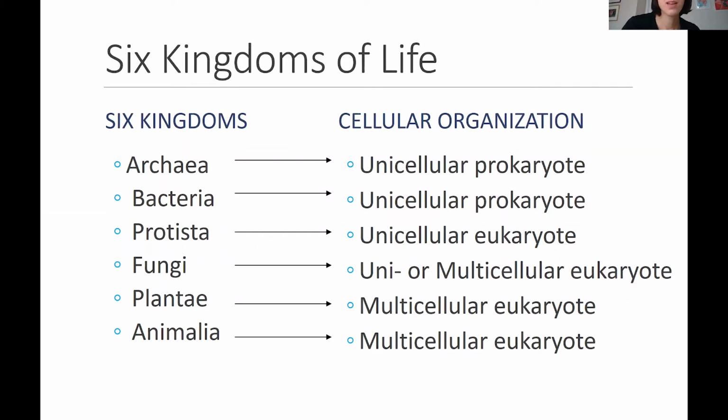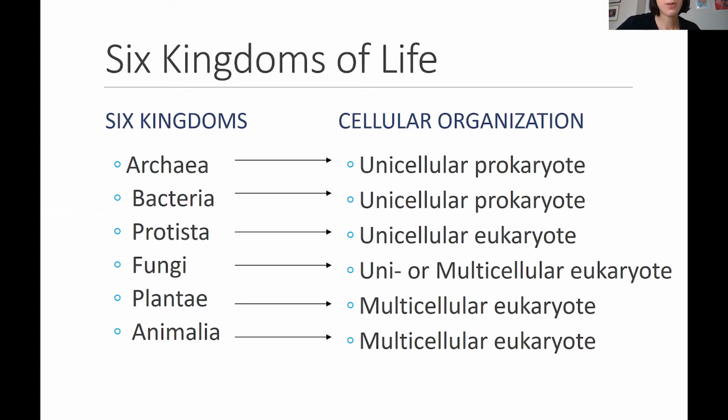Bacteria, also unicellular and prokaryote. Protista, unicellular but eukaryote cellular organization. Fungi can actually be uni or multicellular, but they're all eukaryotic. And then we look at the plant, multicellular eukaryotic, and animal, multicellular eukaryotic. So remember where these kingdoms fit into those domains.